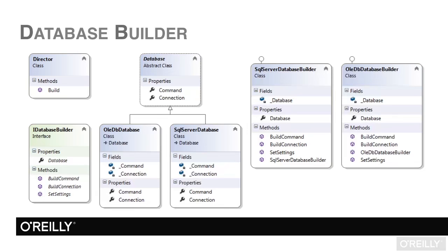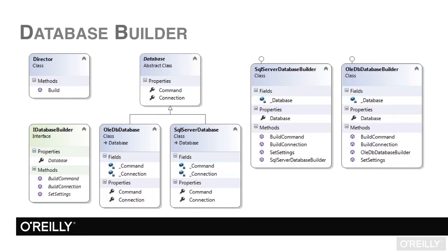So we have a SQL Server database builder, and it has an internal field _database, and that's what it's going to use as we call the build methods. And then it has a property database, which of course is required by the interface, and then the three methods that are required by the interface as well: build command, build connection, and set settings. It also has a constructor.